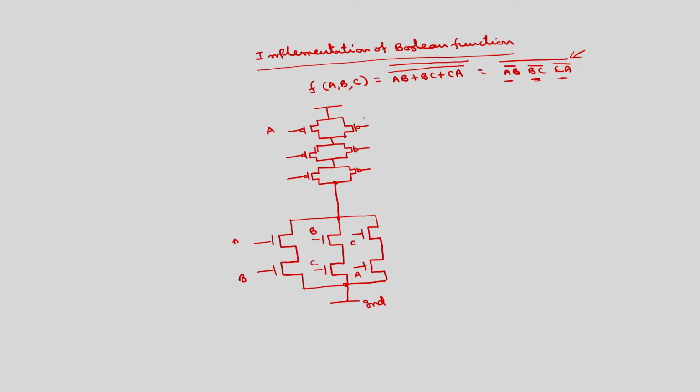This is AB, BC, CA. So, we are going to take the output here. This is VDD. What will this output be? It is nothing but (AB + BC + CA) whole bar. We have to take this output and pass it through the NOT gate again.